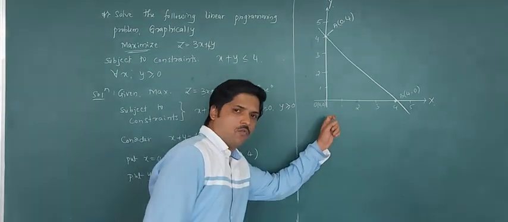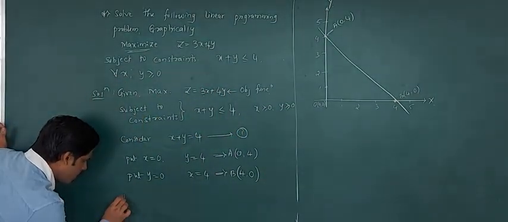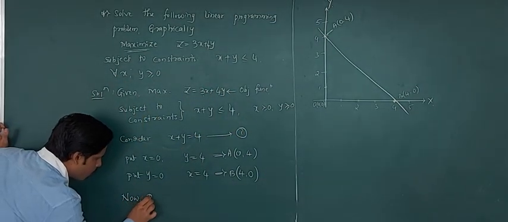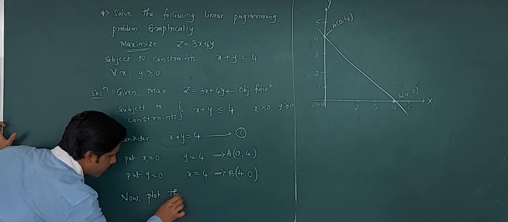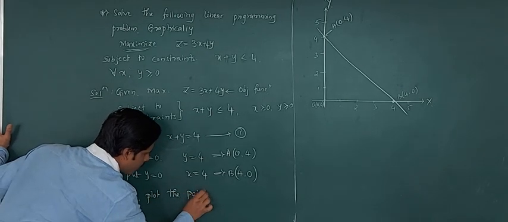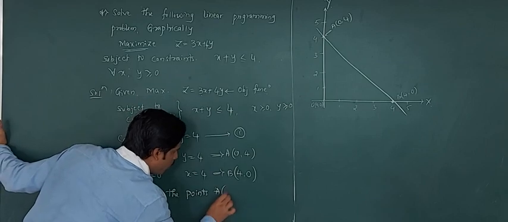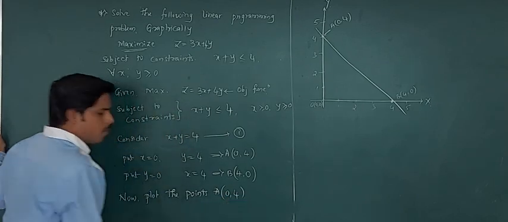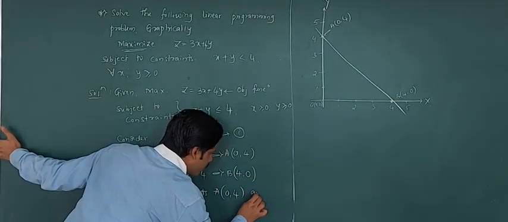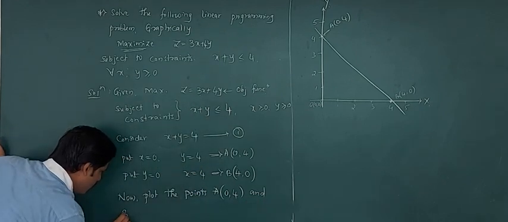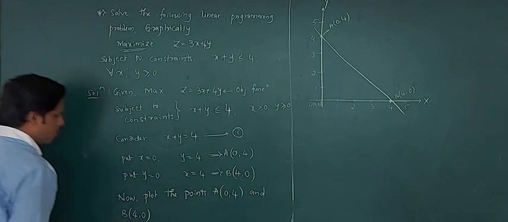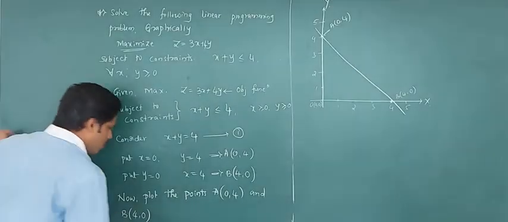So now plot the points. We have 2 points here. A is 0 comma 4 and B is 4 comma 0.